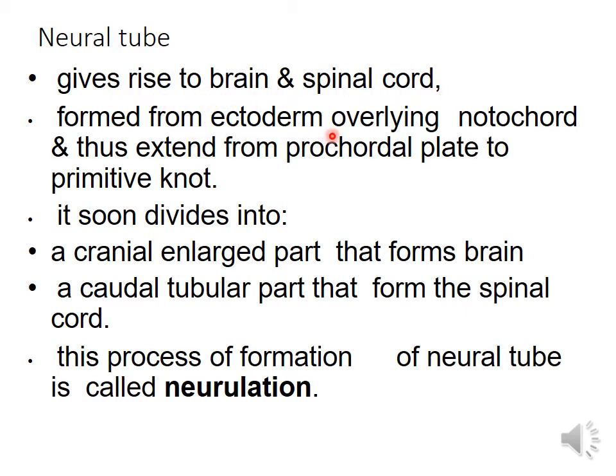It is formed from ectoderm overlying the notochord, so it extends from the caudal plate to the primitive node. It soon divides into a cranial enlarged part, which forms the brain, and a caudal tubular part that forms the spinal cord. This process of formation of a neural tube is named neurulation.